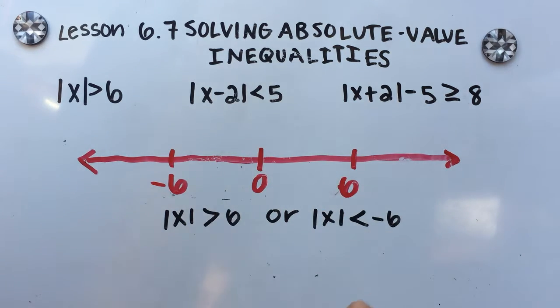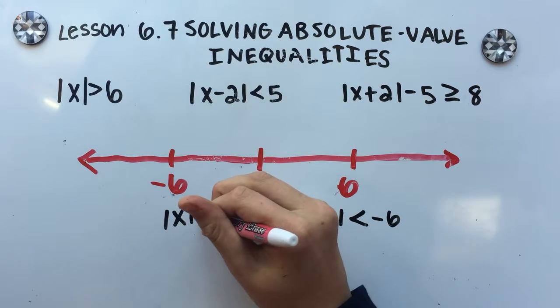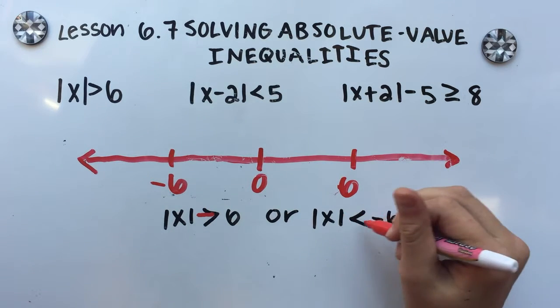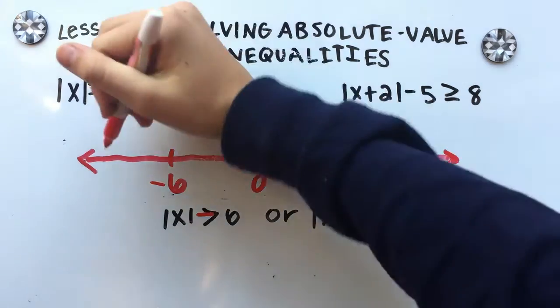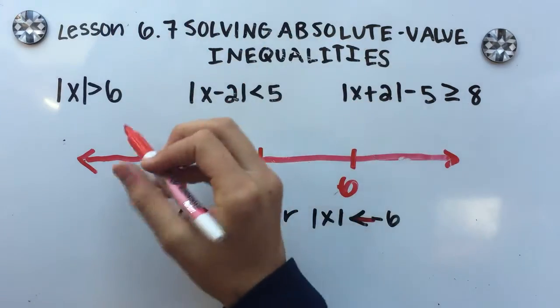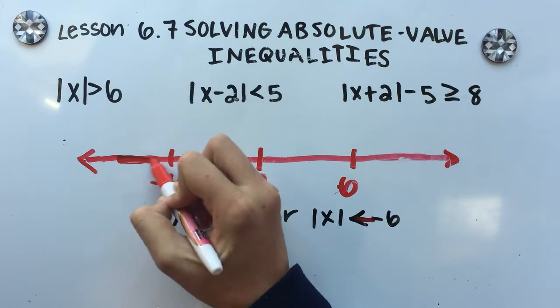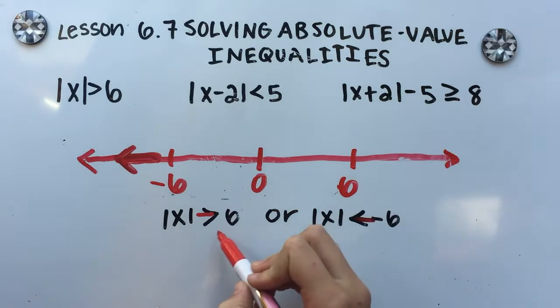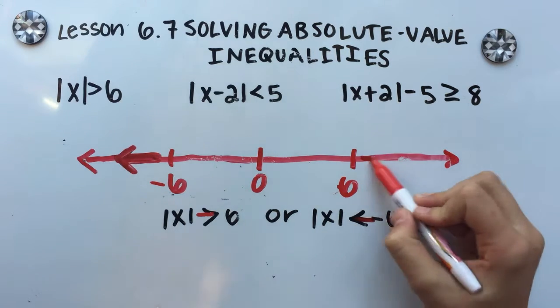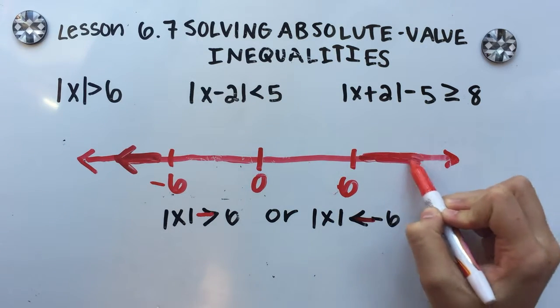And here's a trick: wherever the sign is facing, all you have to do is add a little line and it becomes an arrow pointing whichever way it's going. This is x is less than negative 6, so we are going this way. And this one is greater than 6, so it's going this way.